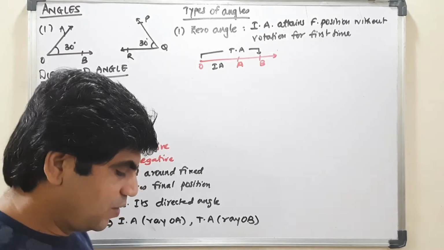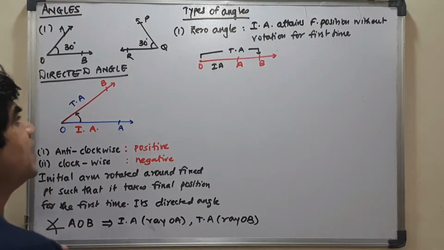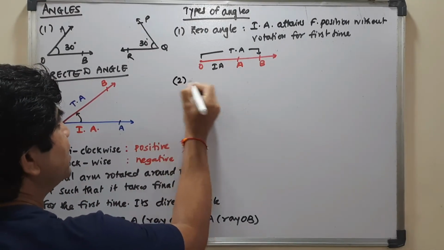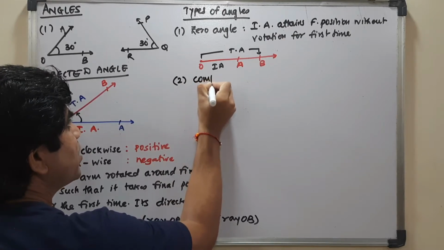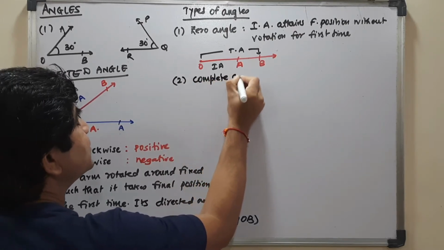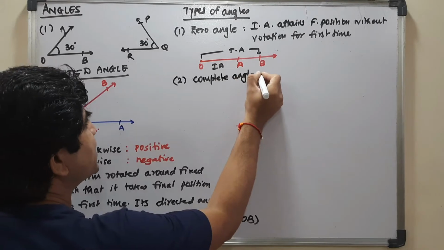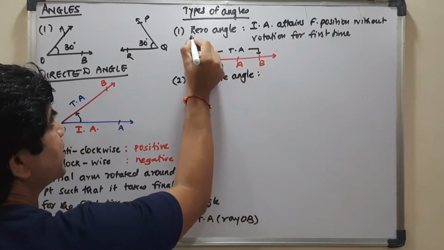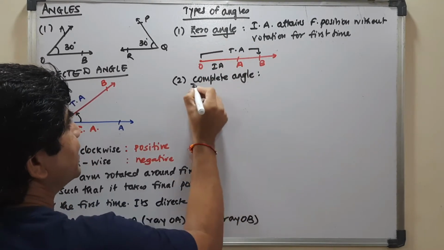Okay, now since we have taken the zero angle, let us understand the complete angle. Or people also call it complete rotation, it does not matter. That is the complete angle.